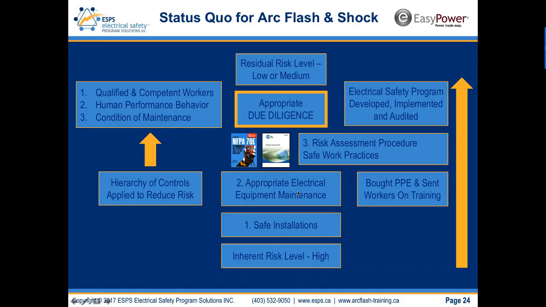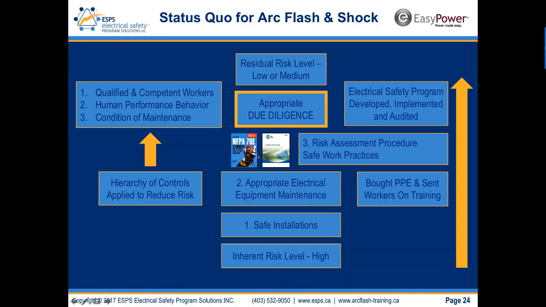Maintenance practices are being reviewed. This is another improvement. And then now with the latest editions of 70E and Z462, we have the new risk assessment procedure. So we didn't have energized electrical work being performed that I would call low or high risk historically. Through the evolution of OSHA, NFPA 70E, NFPA 70, the National Electrical Code, Canadian Electrical Code, we've had a raft of improvements in the last 30 or 40 years.